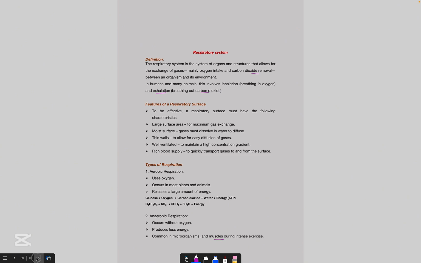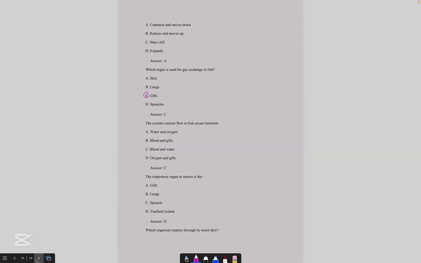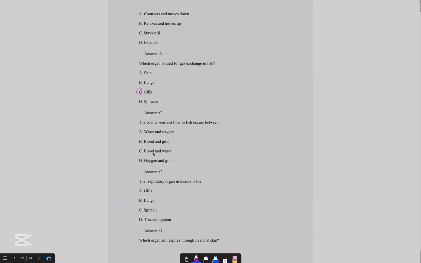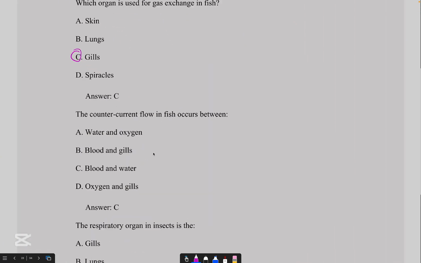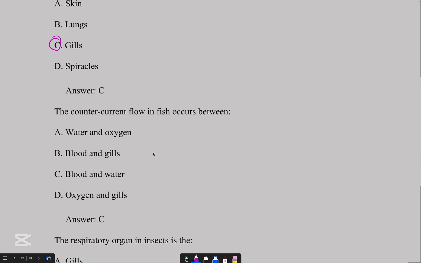So the question now is, countercurrent flow in fish occurs between water and oxygen, blood and gills, blood and water, oxygen and gills. Correct answer is what? Blood and water. Are you getting it? So that you can exchange what? Oxygen. Is that okay? It occurs between blood and water.